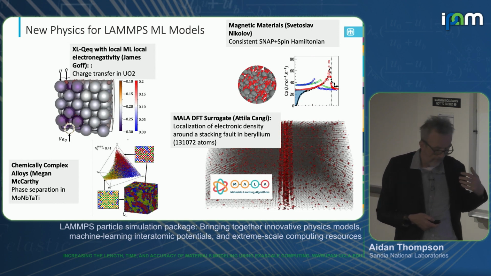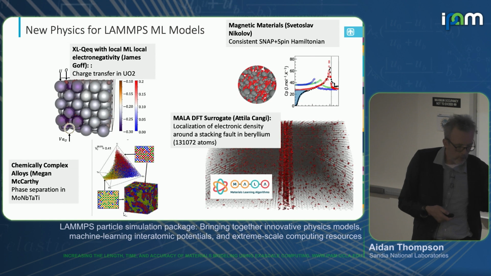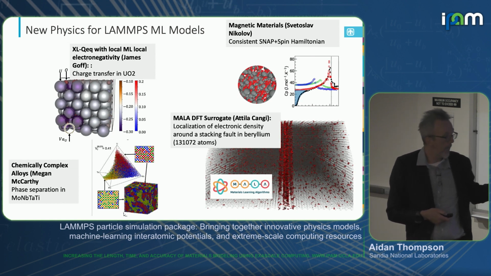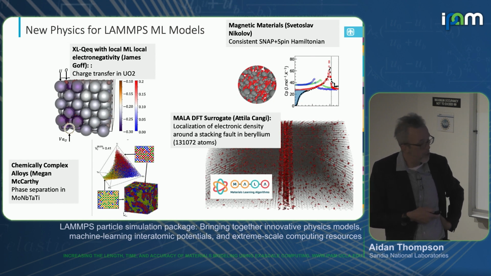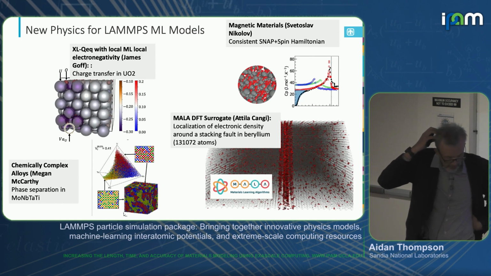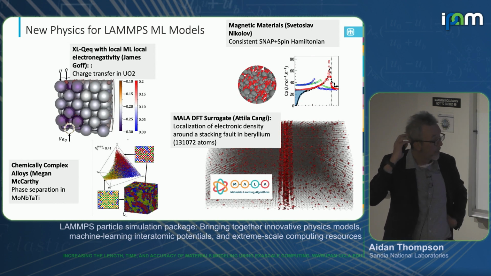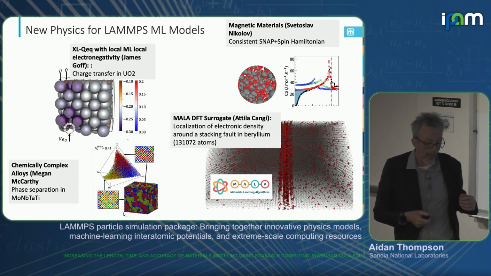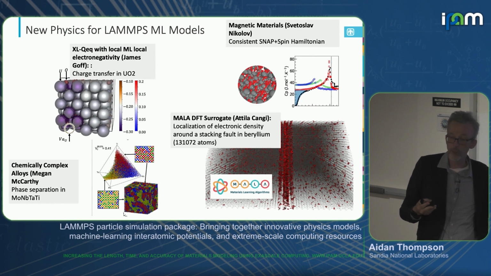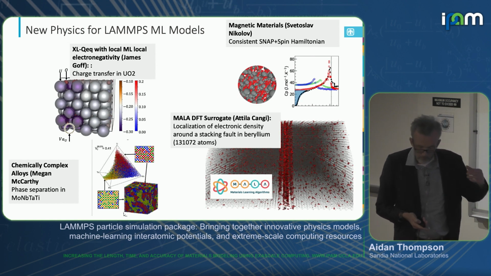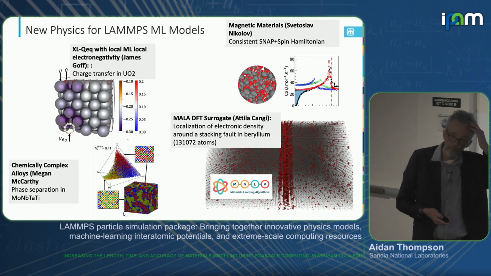And this gives much better representation of the DFT data on which this model is based. And thanks to Anders' work on extended Lagrangian Born-Oppenheimer MD, the energy conservation and the accuracy of the charges is also extremely good, and probably better than anything that people have done in the past.